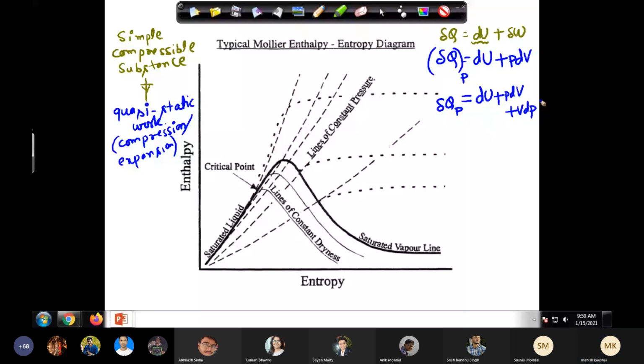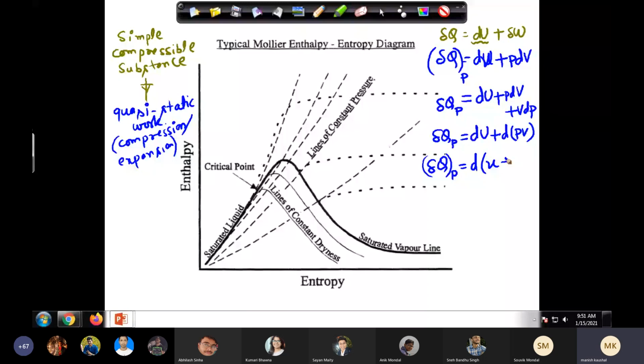Okay. So at constant pressure, and you have done this derivation, I guess, before also, dU plus d of PV. This is only possible when we are doing the process at constant pressure. So dou Q at constant P is d of u plus Pv. These are all specific variables, small u, small v.